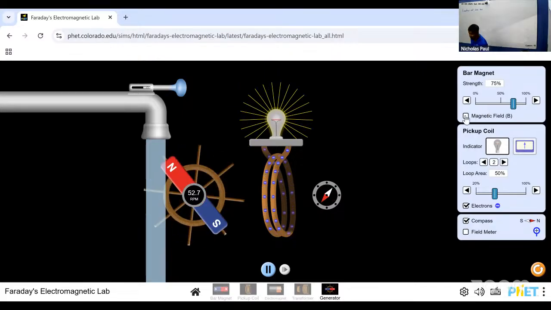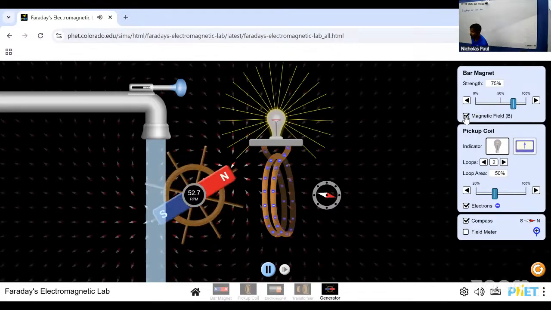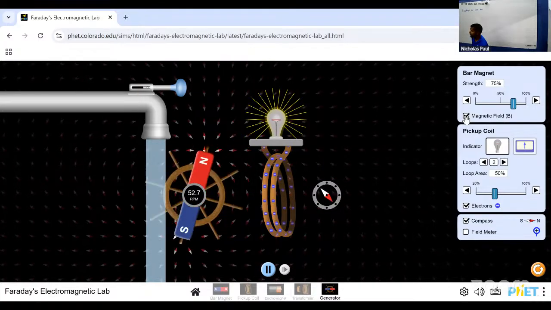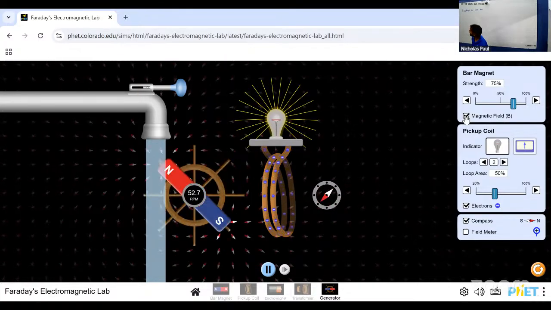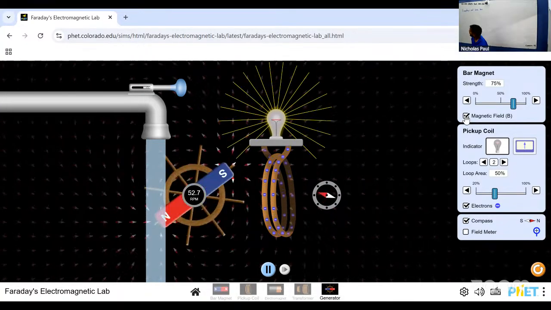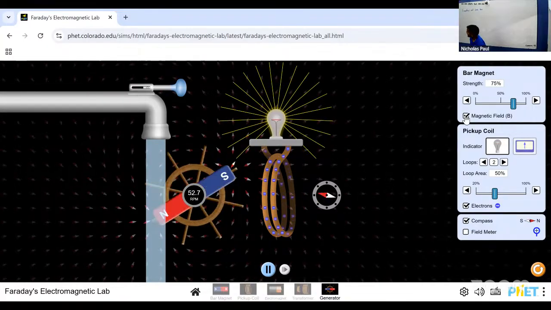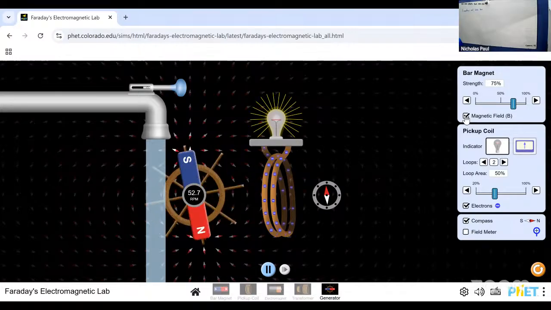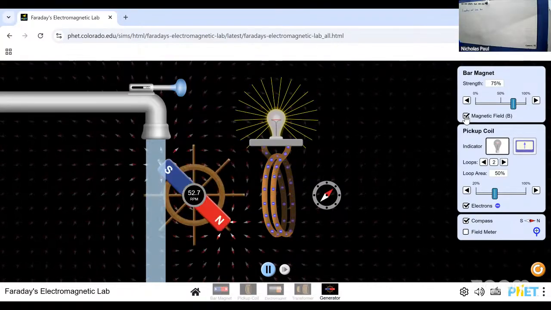Watch this here. As the magnetic field lines move, they cut the conductor, and the electrons in the conductor get excited and start to move.